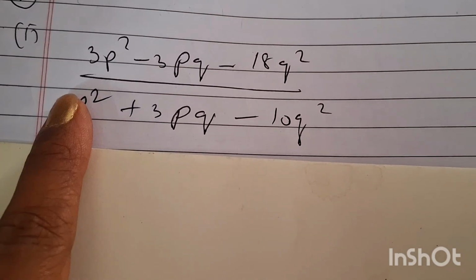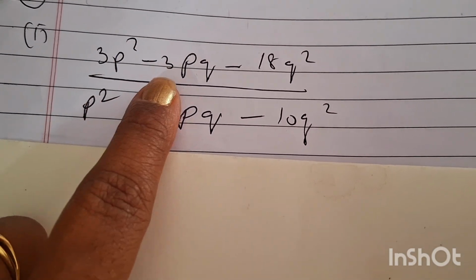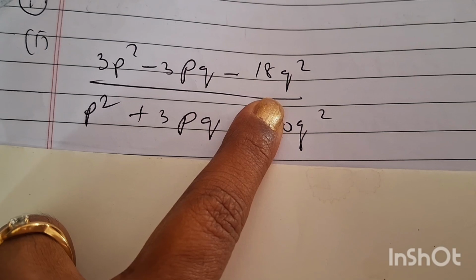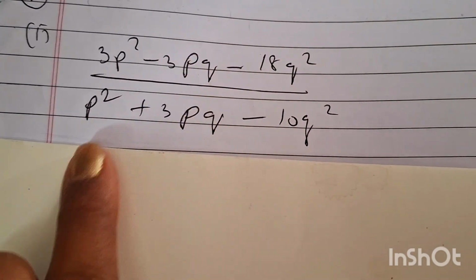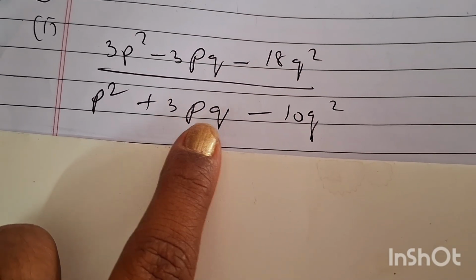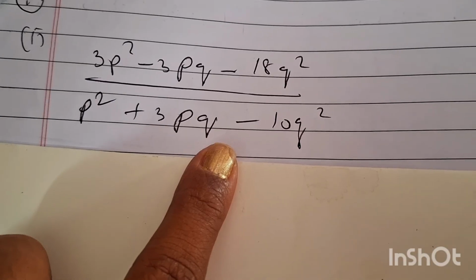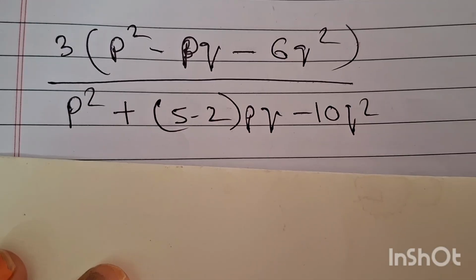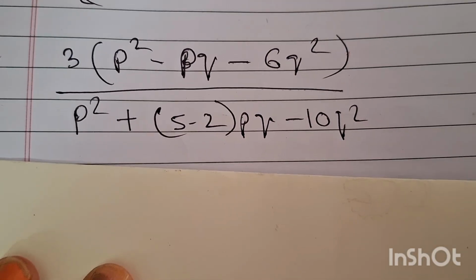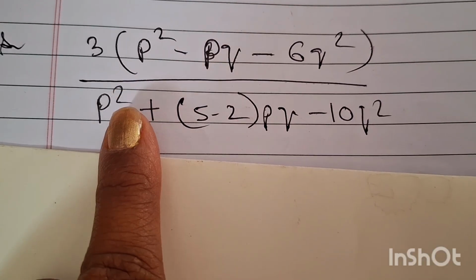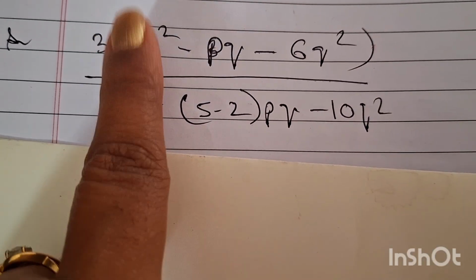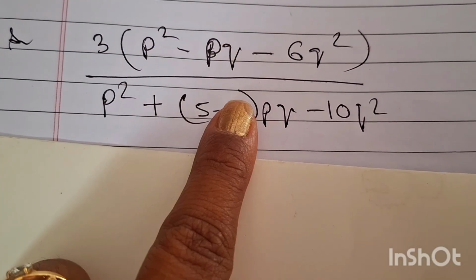So this is the first question, that is (3p² − 3pq − 18q²) / (p² + 3pq − 10q²). Whenever you get this type of sum, remember this is all about factorization, right? Because you have to simplify this term.